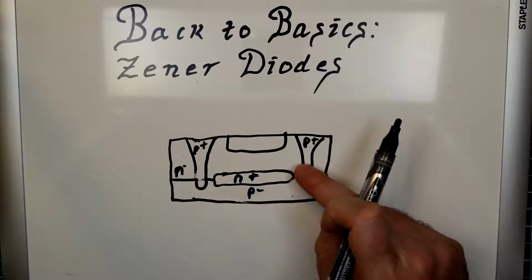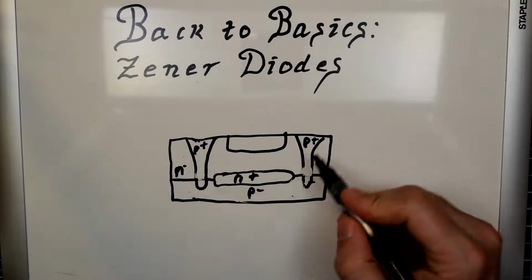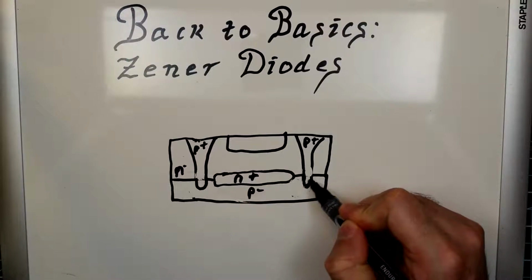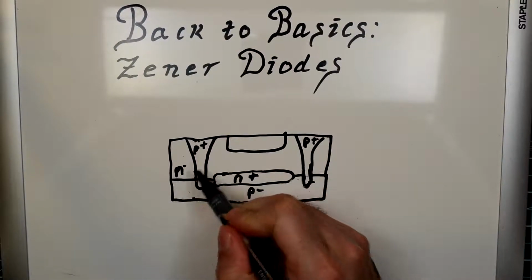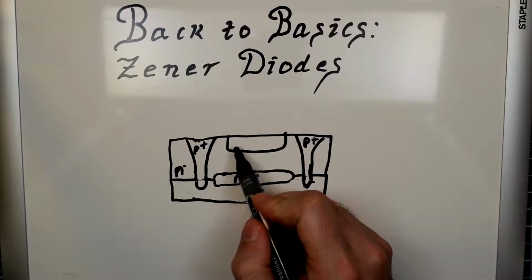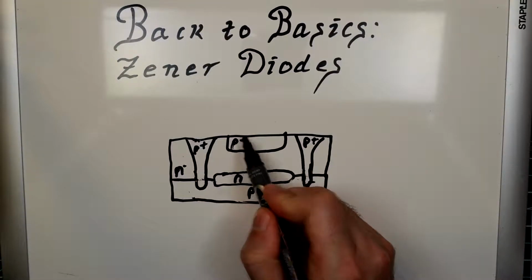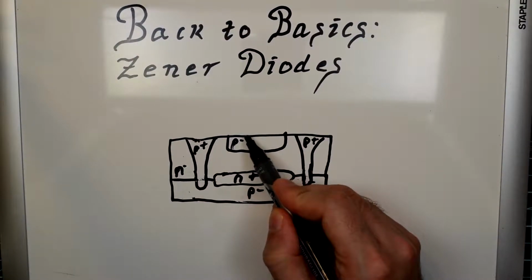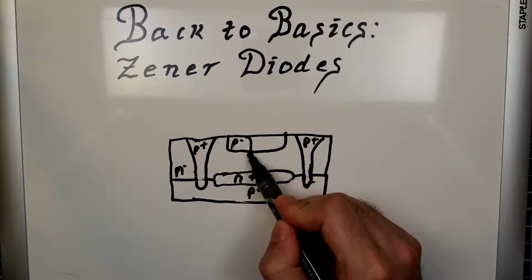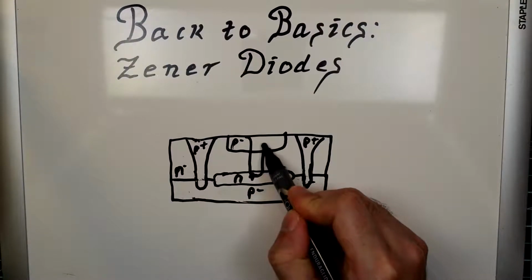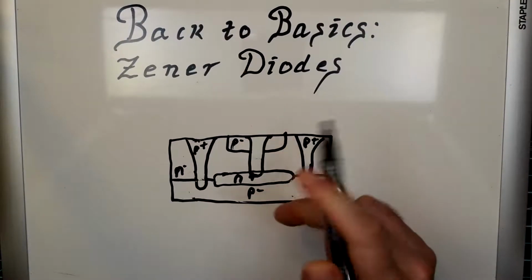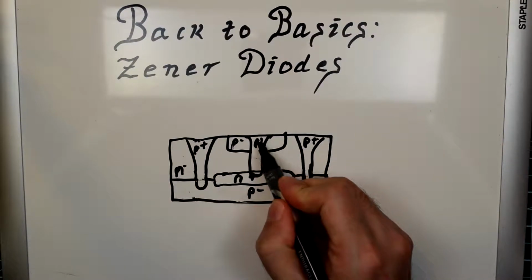Like I said, these Zener diodes are really complicated. Well, modern ones are. Okay. And this is going to be P minus material. And then, again, there's going to be another one of these things of P plus material.